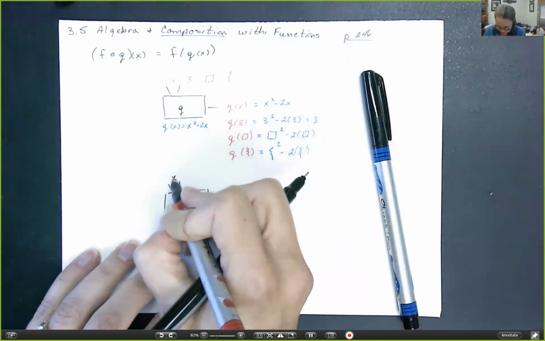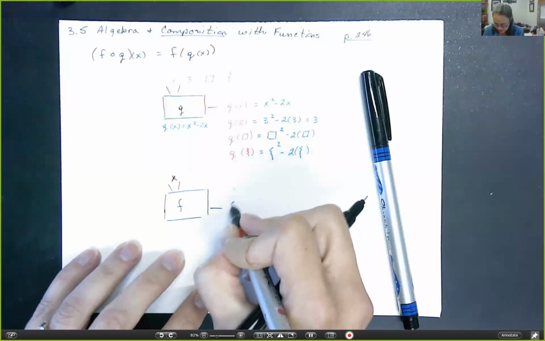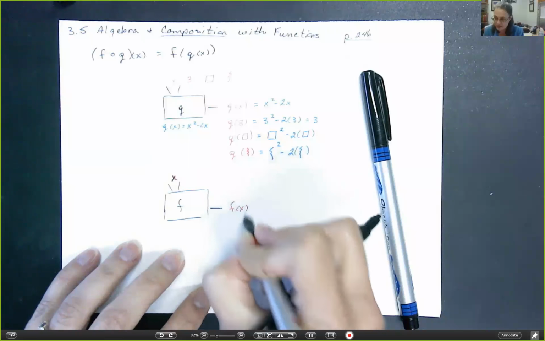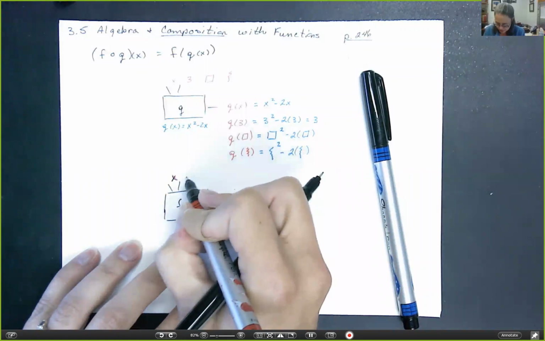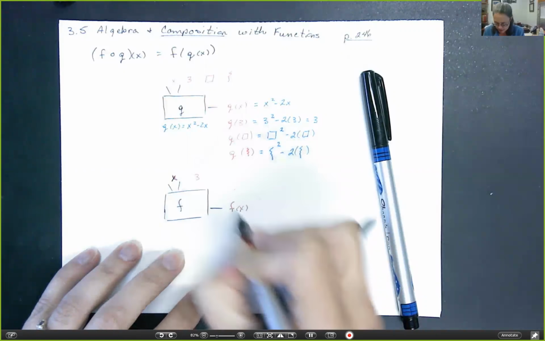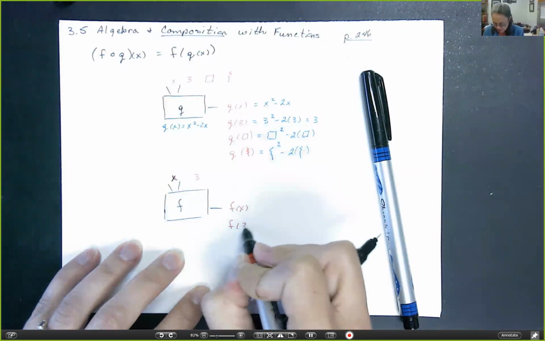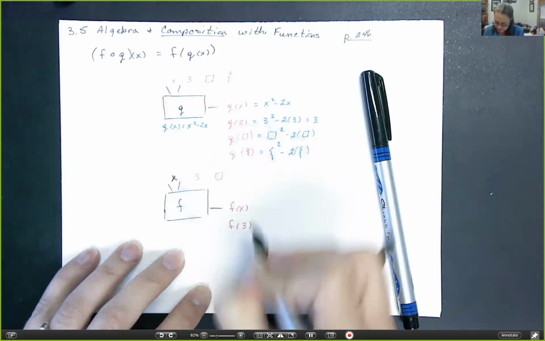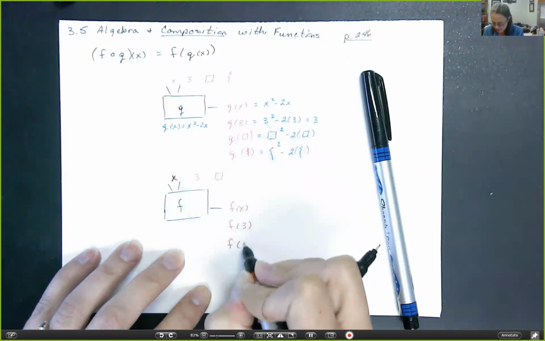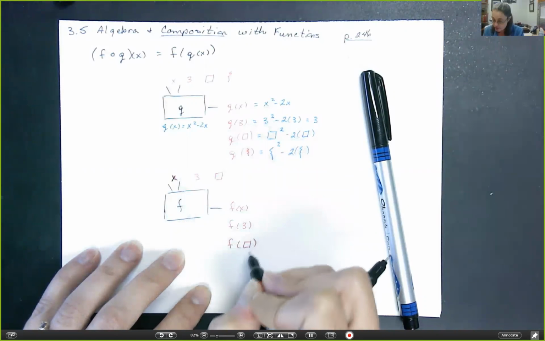If I put in X, I get out F of X. If I put in 3, I get out F of 3. If I put in a square, I get out F of that square.